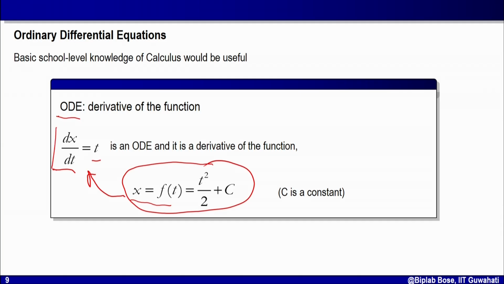So dx/dt equal to t is a differential equation, and it is an ordinary differential equation because here x is changing only with respect to time. X is the dependent variable because it is changing with time and depends upon time, whereas time is the independent variable.